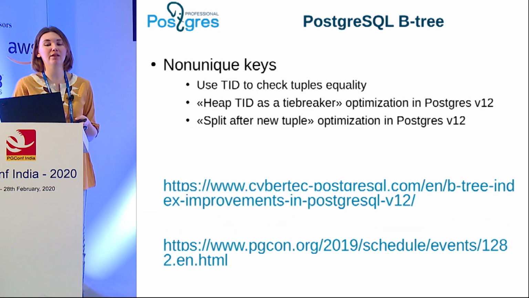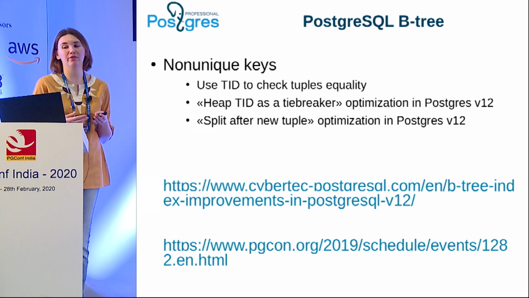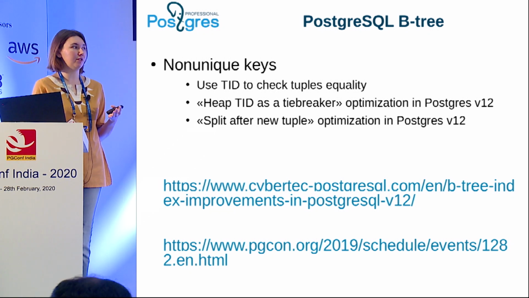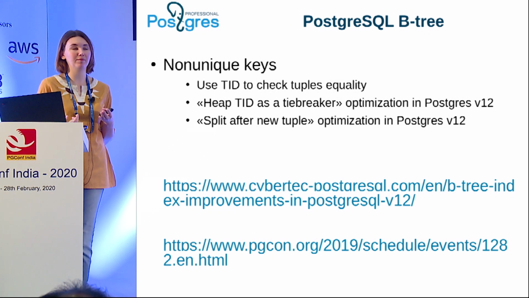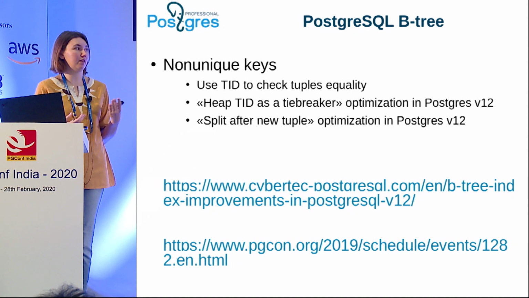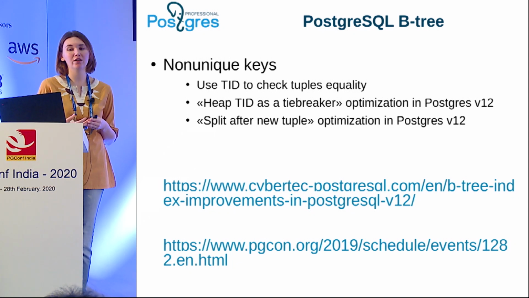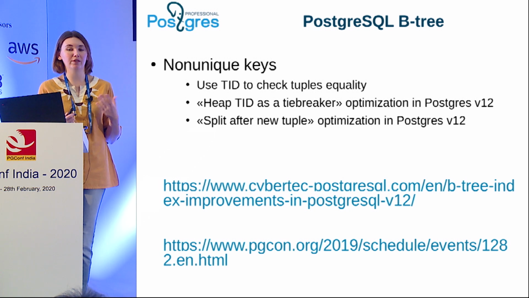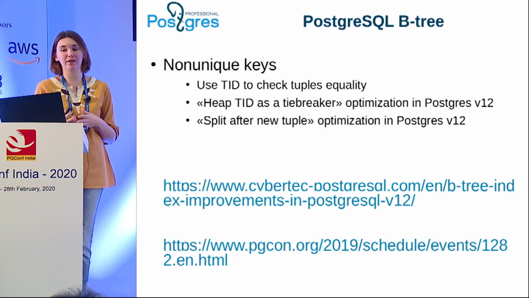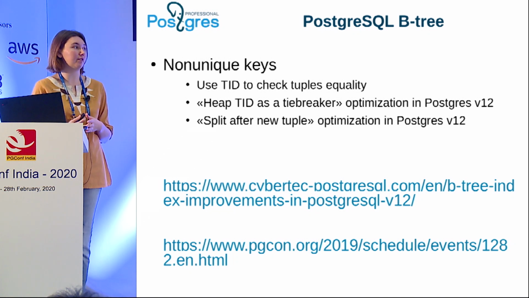Next specific detail is about the assumption of unique keys. So even a unique B-tree index in Postgres actually can have non-unique values because of MVCC copies. To disambiguate multiple occurrences of the same key at the same level, we use the link tuple ID field. So this tuple ID is used as a unique identifier.